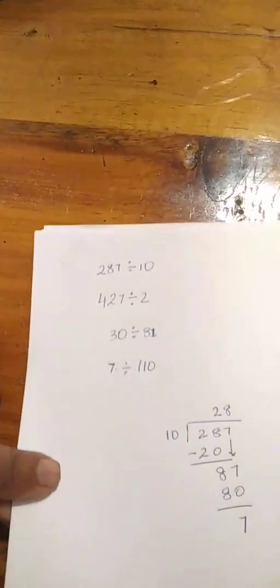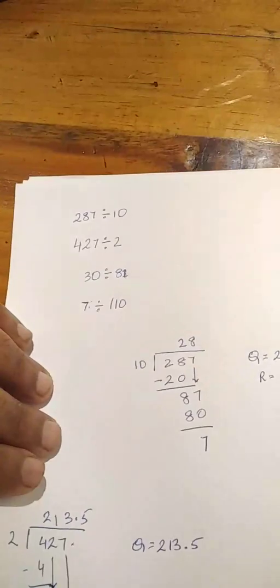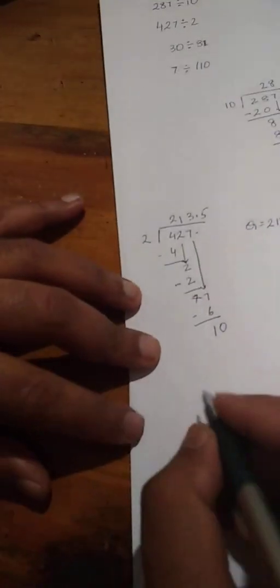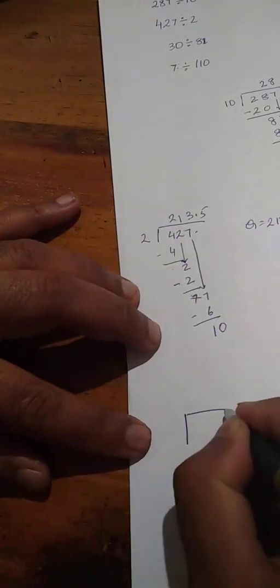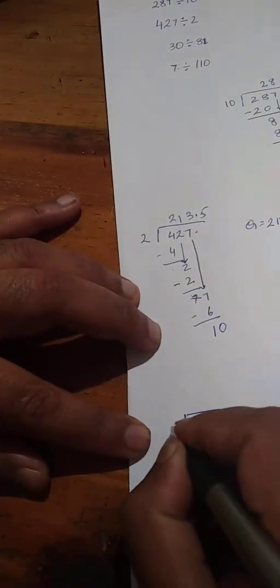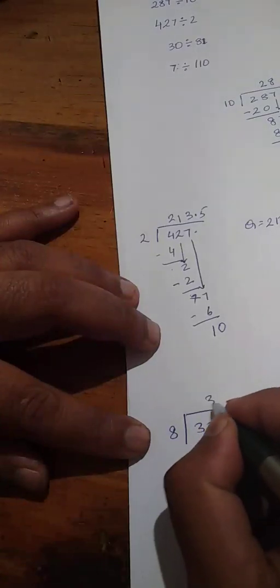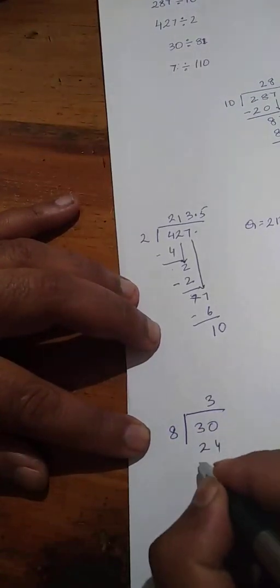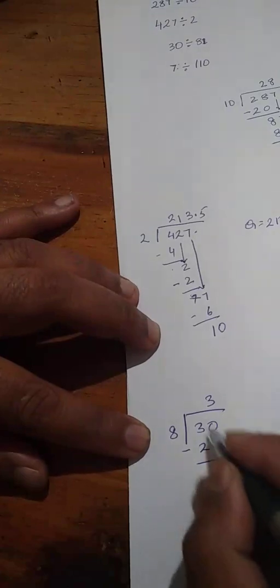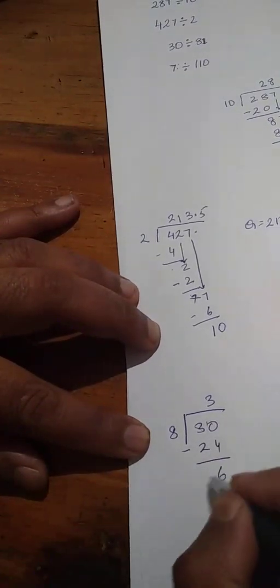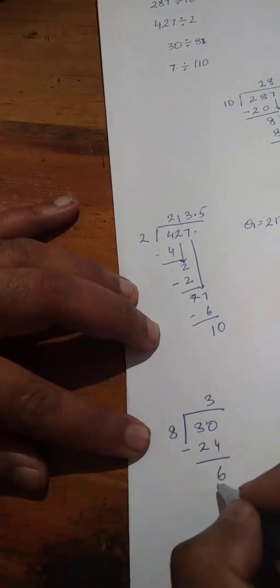Let's look at the third case. 30 divided by 8. So let's take the number 30 and divide it by 8. So 8 threes are 24 when we subtract, so 30 minus 24 is 6. 8 doesn't go into 6.